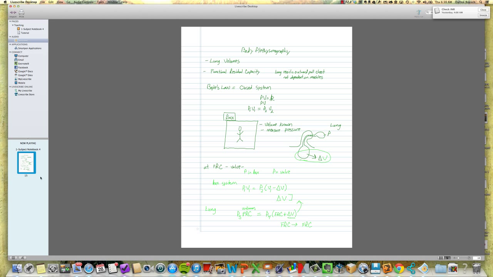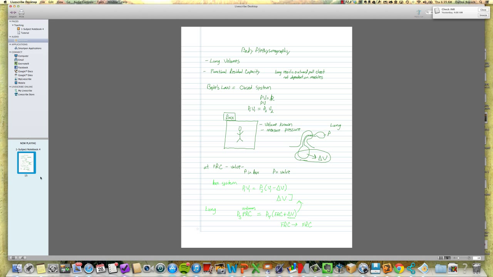So you will get a change in volume as this patient inhales against the closed valve. And what you do at this time is you measure the pressure in the box, and you measure the pressure in the valve against which the patient is breathing.